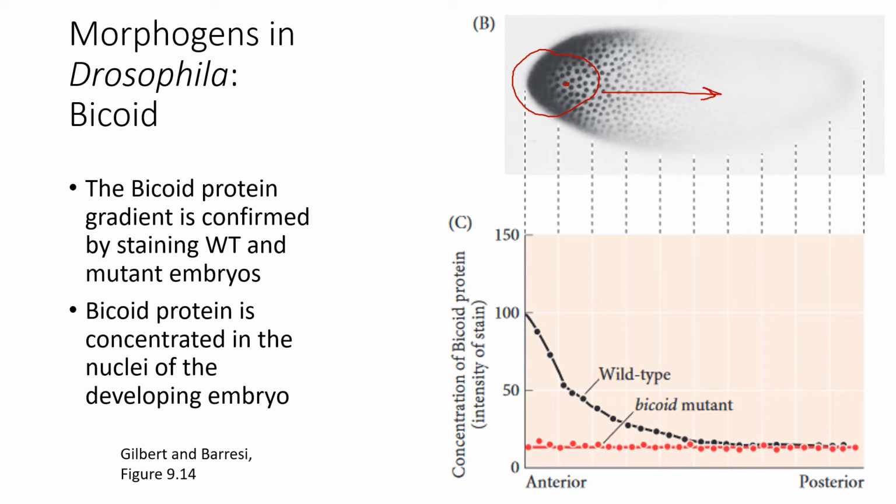And the graph below shows you that indeed the concentration drops off steeply at first and then slowly later on. It also shows that mutants for bicoid don't have this gradient effect. They just have a small amount of the protein throughout the entire syncytium.